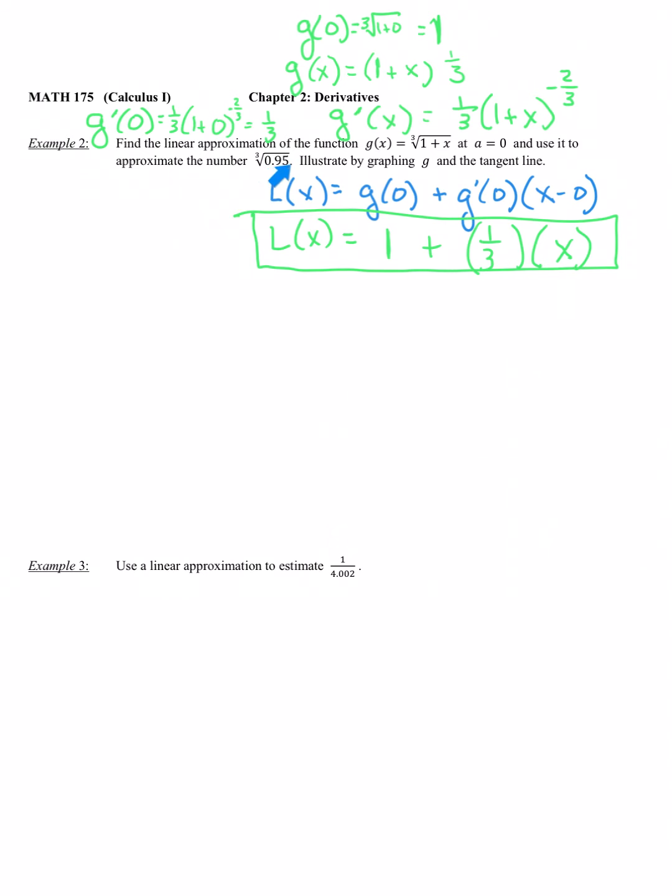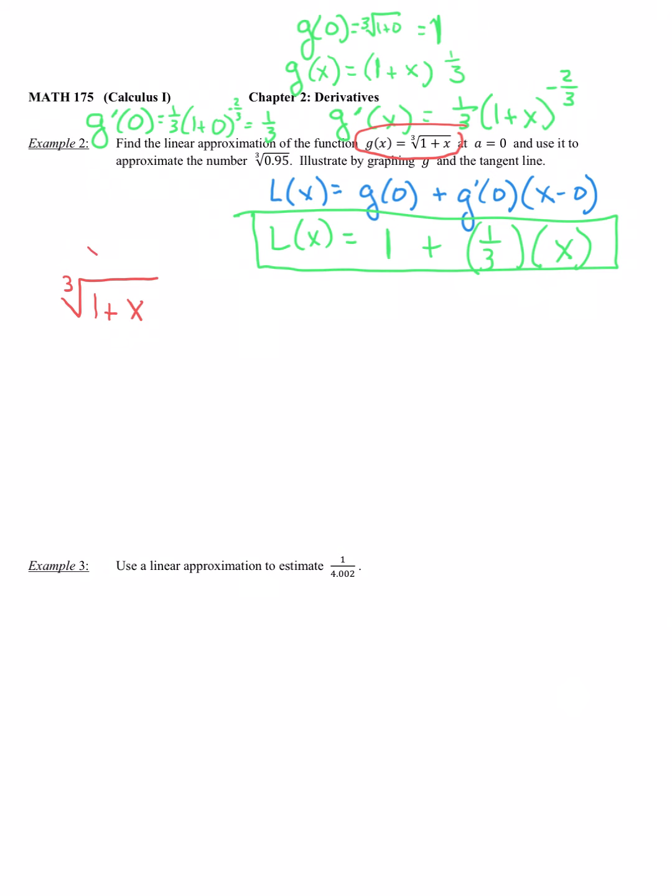They want us to give our approximation for the cubed root of 0.95. Now, be careful about that. This part is a little new, and I'll write this in red. Notice this was the original function they gave us right here, true?